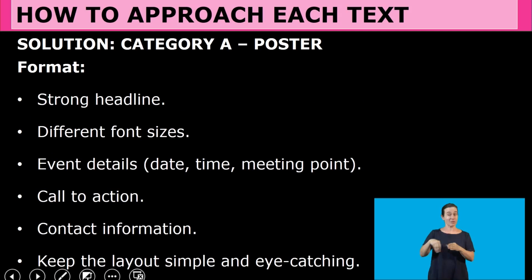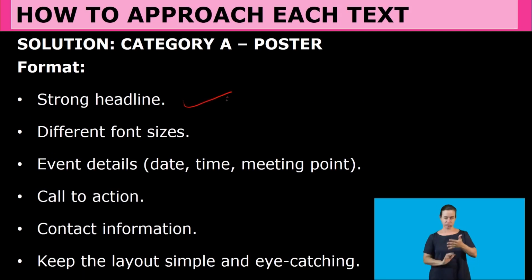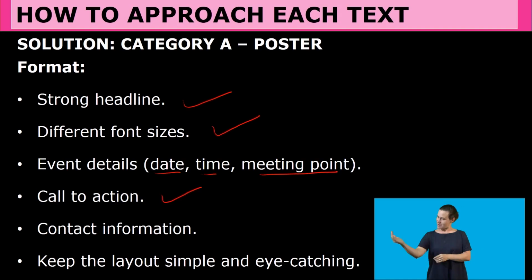The format of a poster would include a strong headline, different font sizes, event details including date, time, and a meeting point, a call to action since you want to motivate community members to participate, and always contact information. Remember to keep the layout simple and eye-catching. A cluttered layout would be confusing.